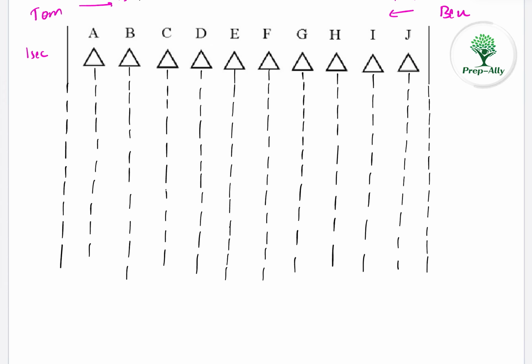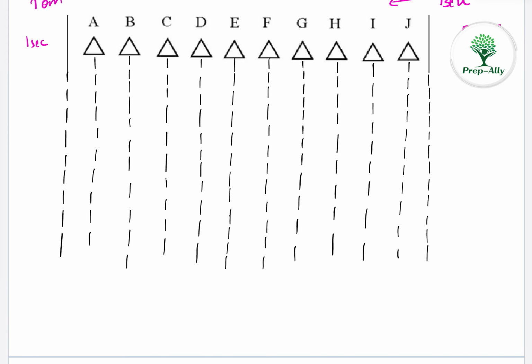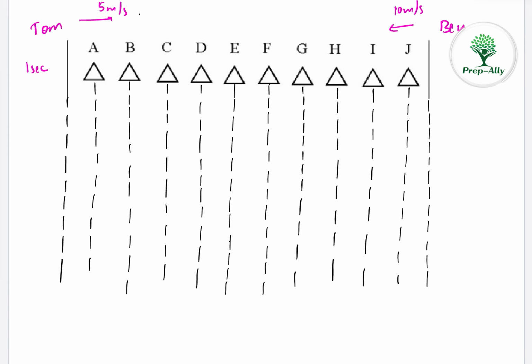So now let us see where they will be at different times. Let us start with Tom. Please observe carefully. We're drawing the path that Tom will take. Tom is here initially. He'll be here in 1 second and he'll come back to the start line at 2 seconds. Then at 3 seconds from A to B, 4 seconds.